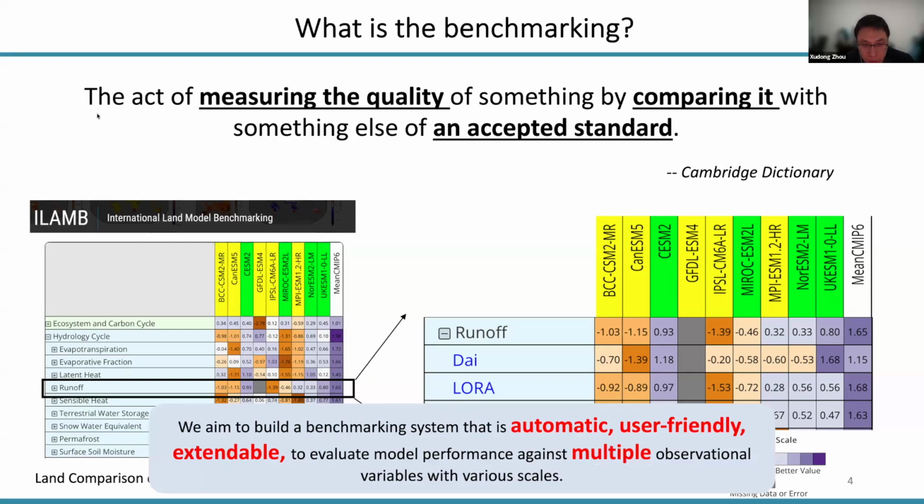So the work we are doing aims to build a benchmark system which can automatically, user-friendly and extendably evaluate model performance against multiple observational variables with varying scales.